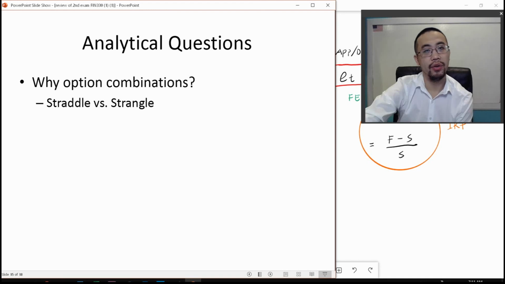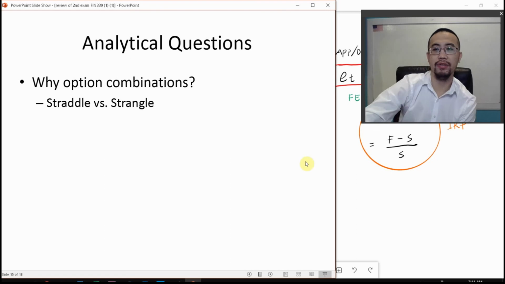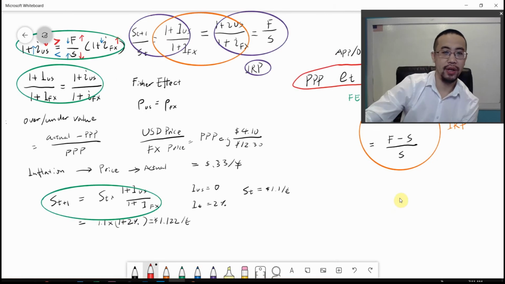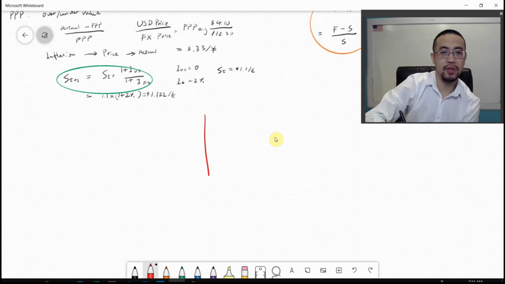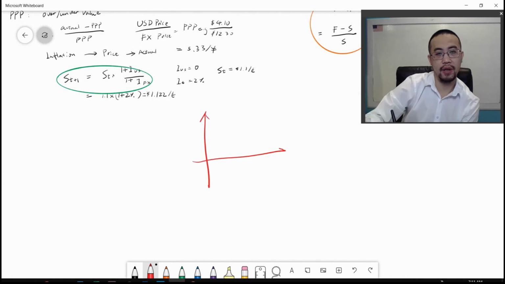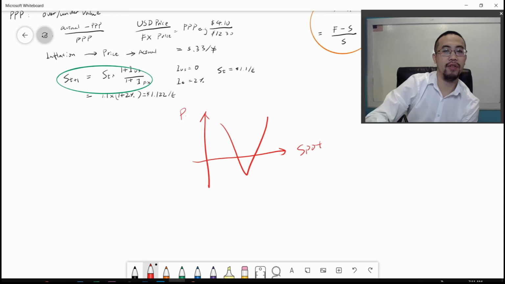Okay, and for some analytical questions from the option chapter, you should know what is the difference between a straddle and a strangle, and why we are using that. Because the straddle, from its profit curve, if I draw a straddle right here, it goes like this. Okay, this is the spot rate and this is your profit.